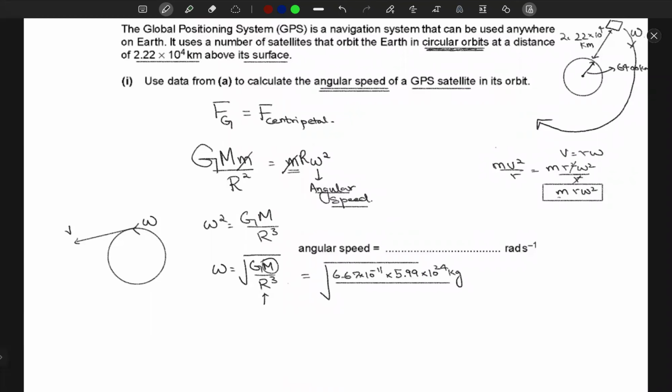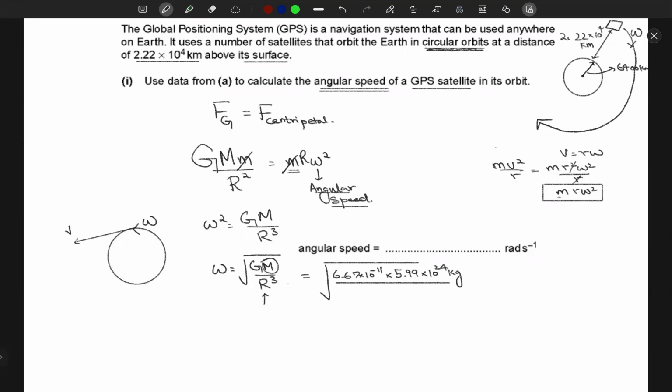Okay. But that's the distance that the satellite is away from the surface of the Earth. Don't you think we should add the radius? Yeah, exactly. So we need to add the radius as well.